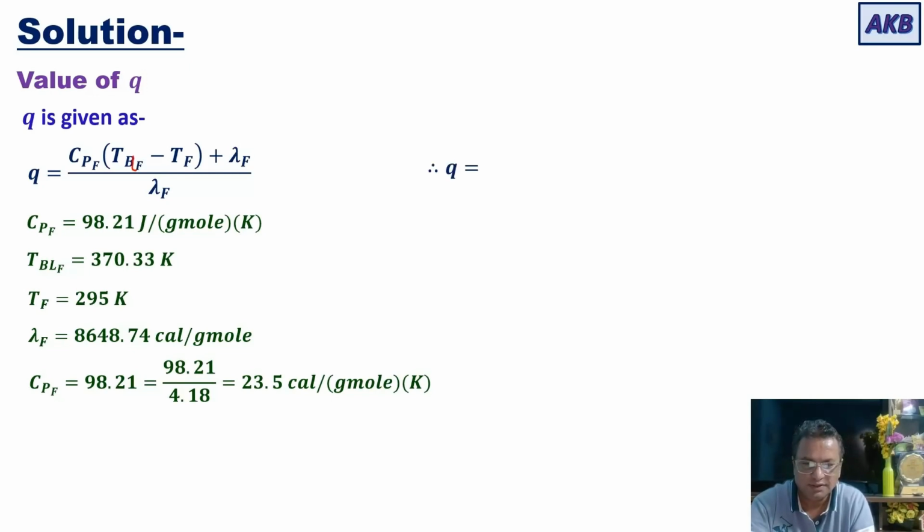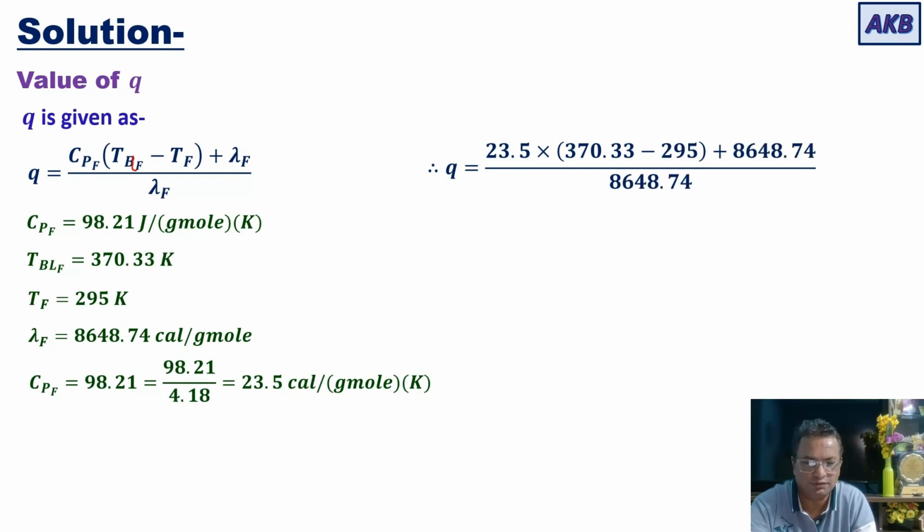Now everything is known to us. You can use the formula for Q. So Q is equal to CPF, which is 23.5, into TBLF, which is 370.33, minus TF, which is 295, plus lambda F, which is 8648.74, divided by 8648.74.